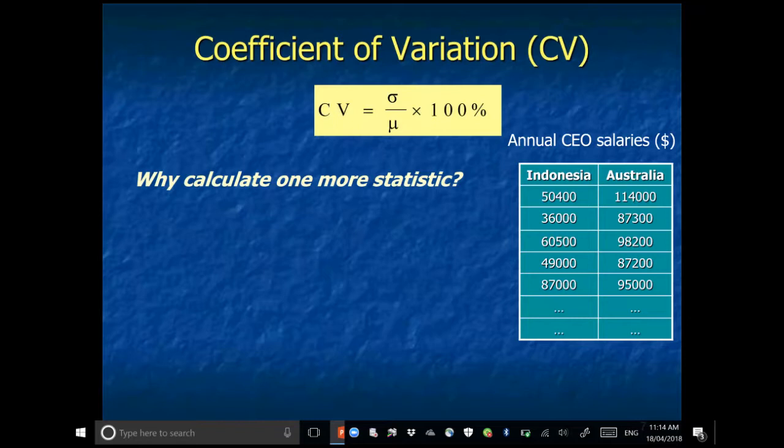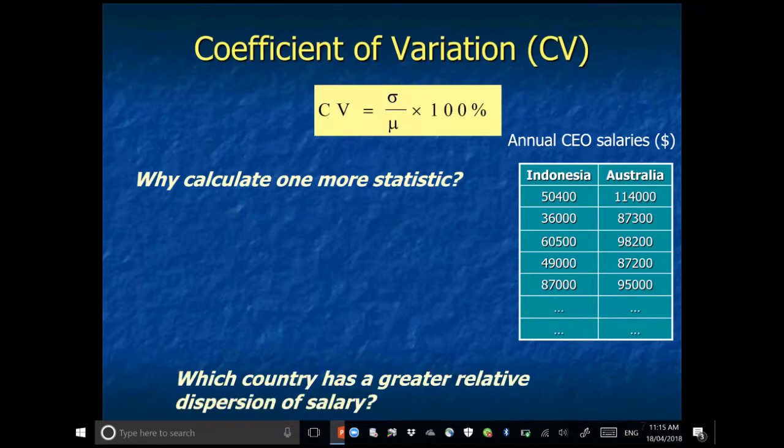We may be comparing two things which have very different central locations as well. In that case, the coefficient of variation could be a more useful measure than simply looking at the standard deviation itself. Now, one example would be annual CEO salaries in Indonesia and Australia.